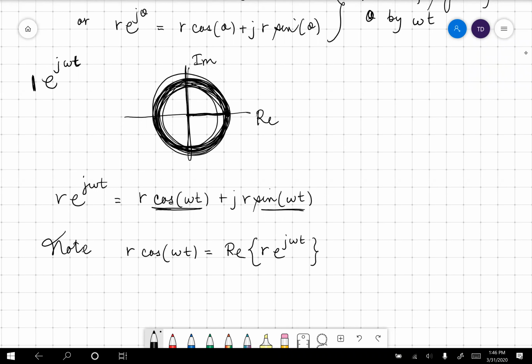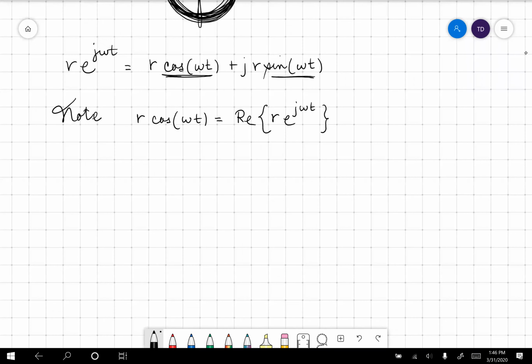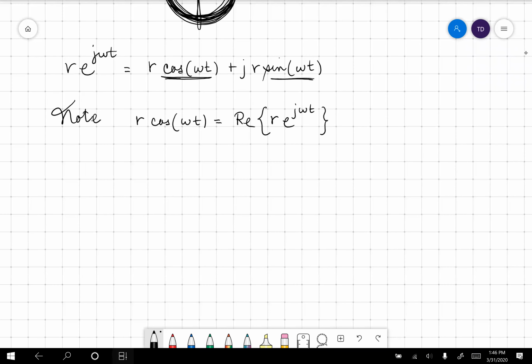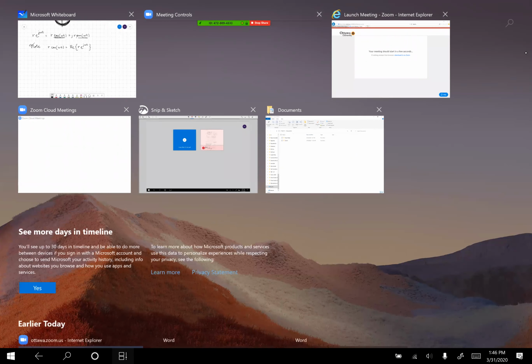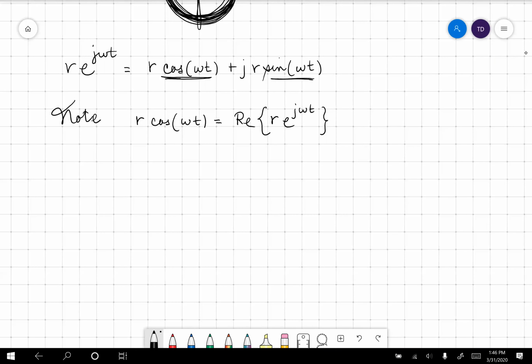At the same time, if it's worth noting, we tend to work with the real part, but also r sine of omega t is equal to the imaginary part of r e to the j omega t.